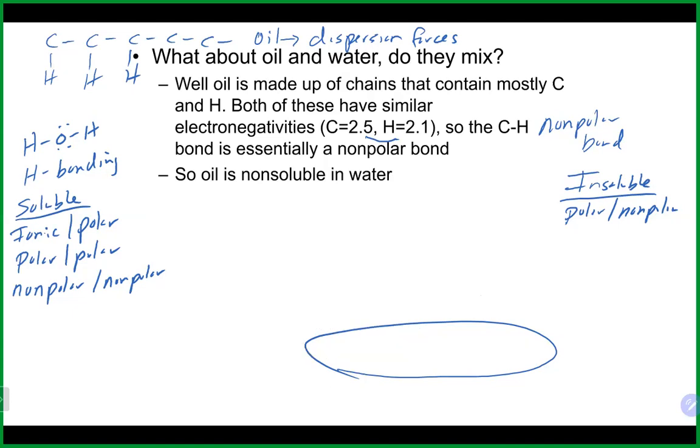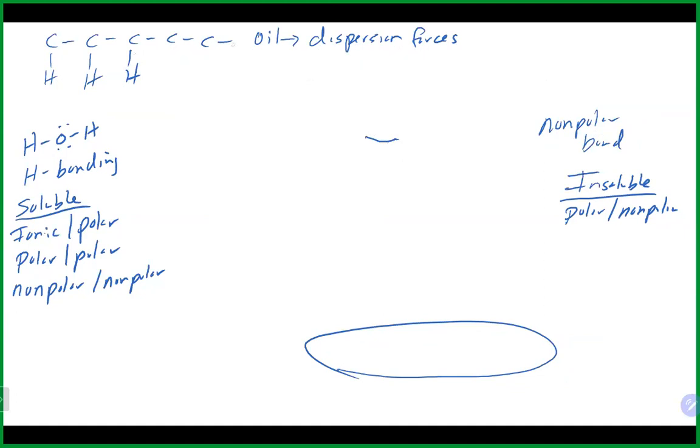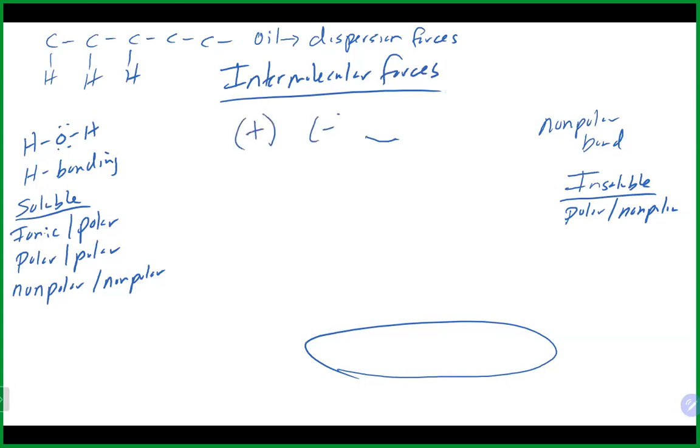How things interact with one another are intermolecular forces, as I mentioned, and pretty much the basis of all intermolecular forces is a very simple interaction: the positive side of one molecule is attracted to the negative side of another.